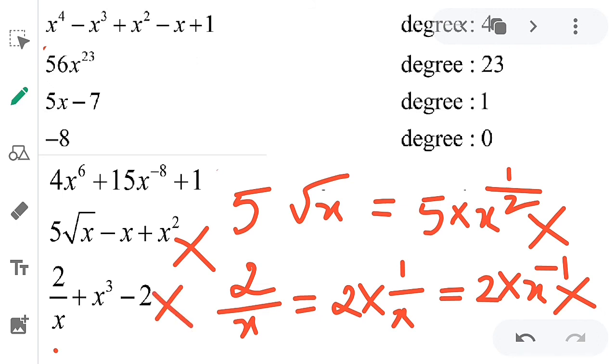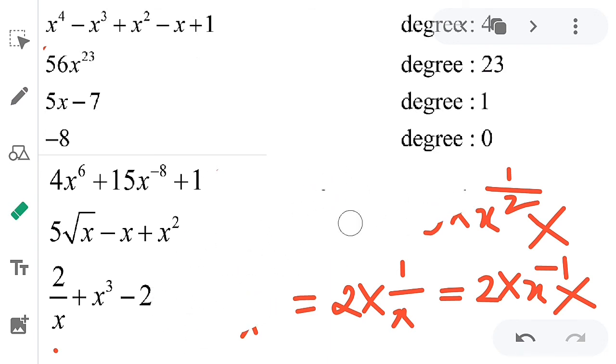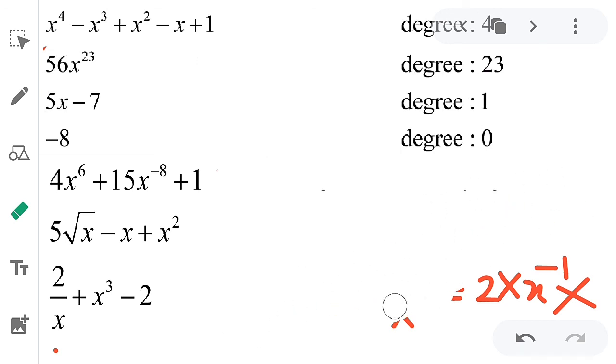So with this we can easily identify which are polynomials and which are non-polynomials. Hence we can say that every polynomial is an expression, but every expression is not a polynomial.